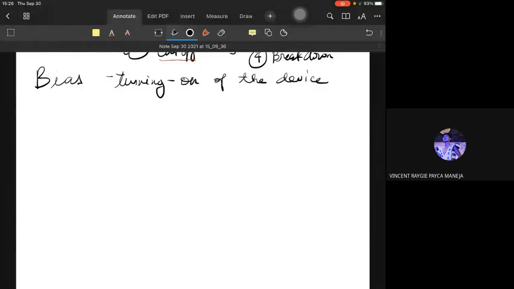Makita inyo again, no? So it's applying bias. That's how we turn on our transistor. And if we bias it properly, so that ang region of operation is nasa active region, so hindi dato siya nagamit as an amplifier. So turning on of the device, not only the same sa the same sa diode. It's not only the application of a voltage source. Okay. So, if correct, no, correct ang flow and directions sa currents.